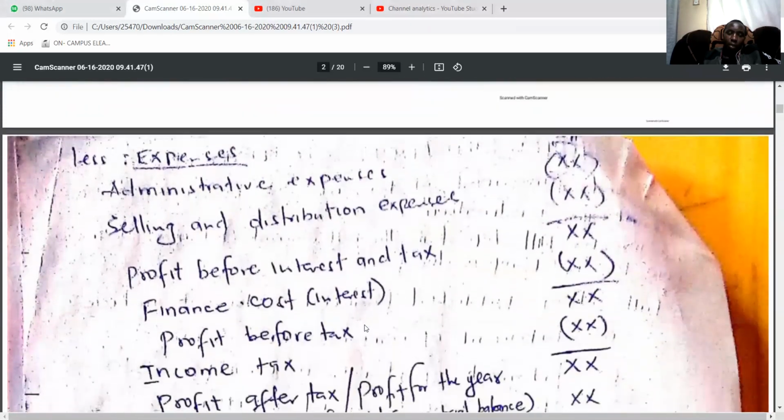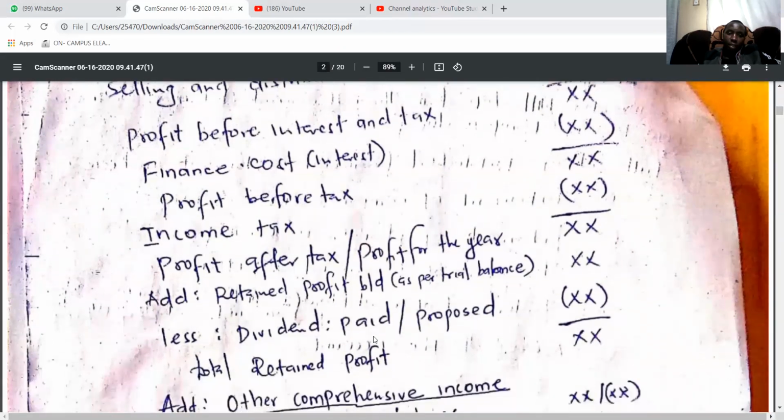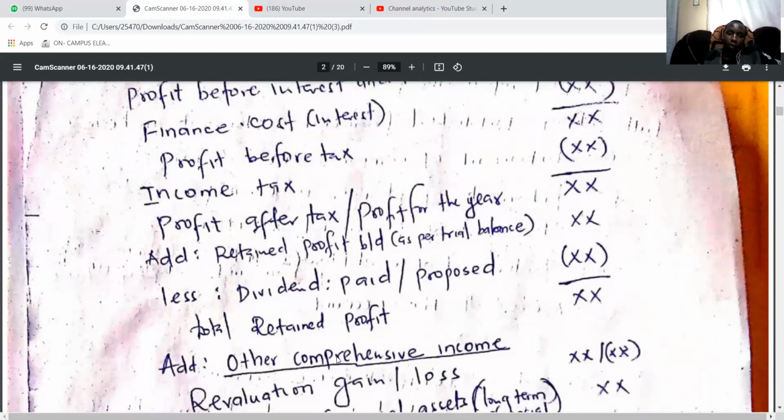So I was talking about after getting the profit after tax or profit for the year. Remember that we have to add the retained profit brought down, that is from the previous year. Then after that, we have to raise some dividends which were paid or proposed, so that we get the retained profit now for the year.